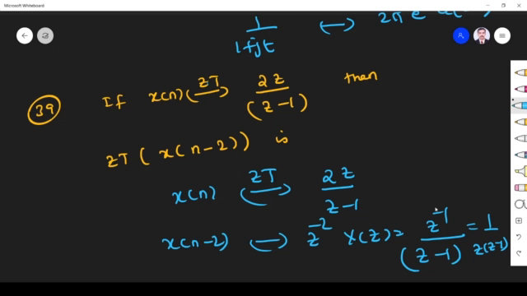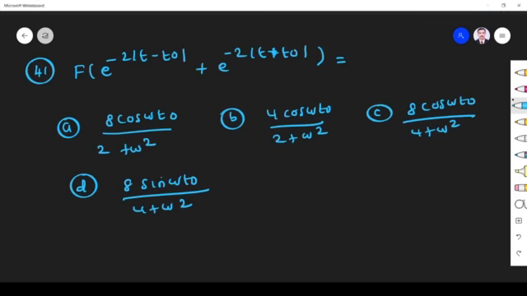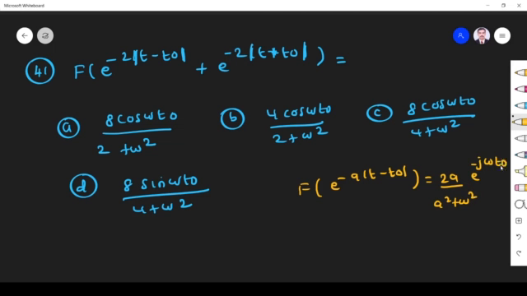So the next question we have to see is the Fourier transform of e power minus 2 mod of t minus t naught plus e power minus 2 mod of t plus t naught. We know that the Fourier transform of e power minus a mod of t minus t naught is given by 2a divided by a squared plus omega squared into e power minus j omega t naught, right?